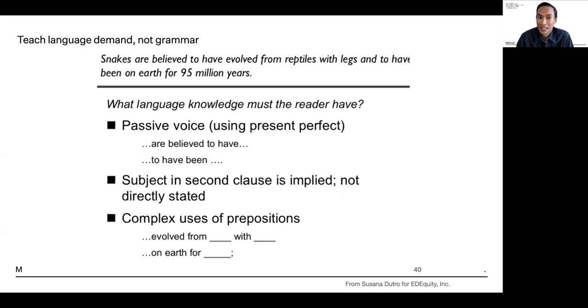The answer is right there. So like the passive voice, for example, are believed to have and to have been. They're all passive tenses. Subject in the second clause is implied, but it's not directly stated. Right, it's a compound sentence, but it's missing a subject. And this complex use of prepositions is always a stumper when you have students learning another language.